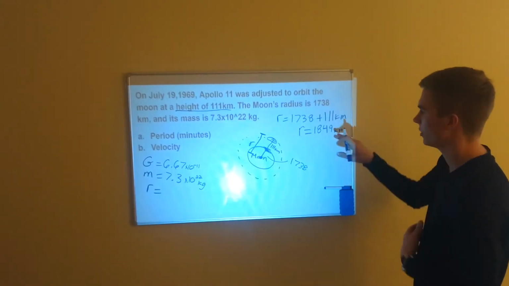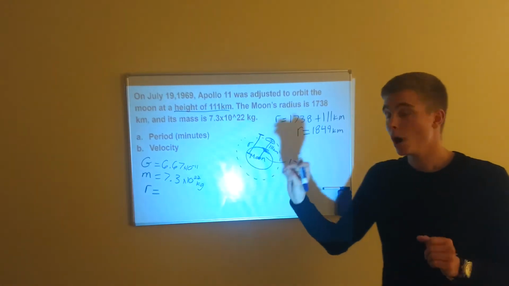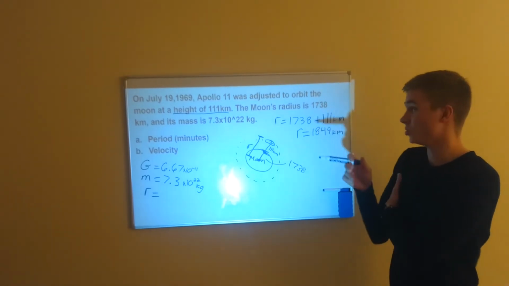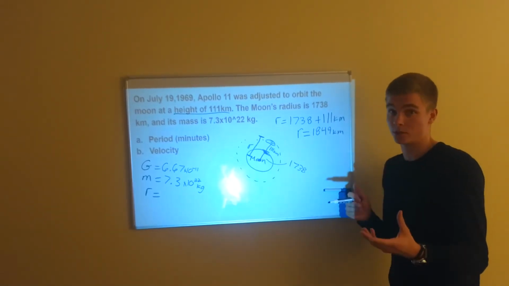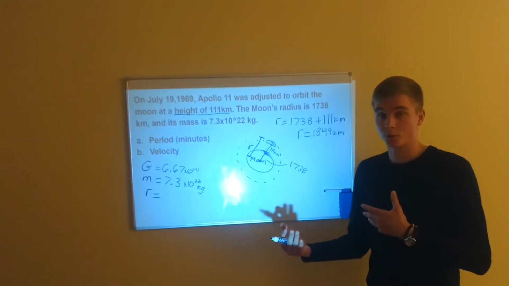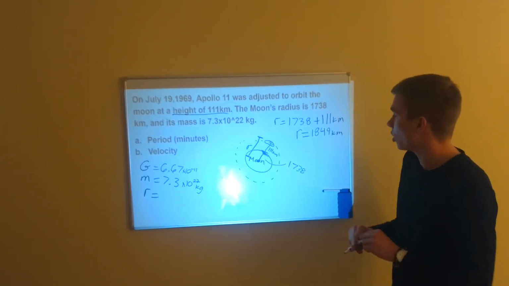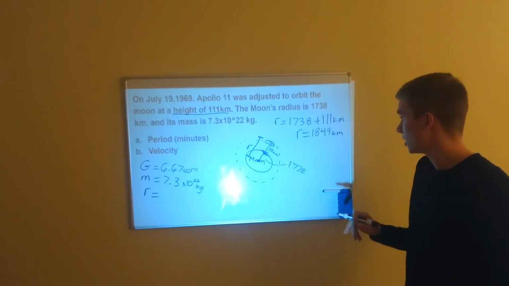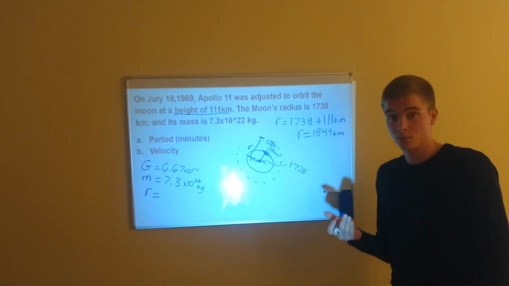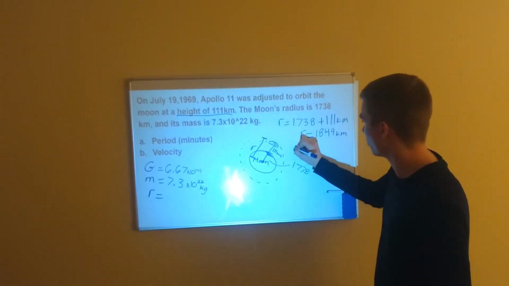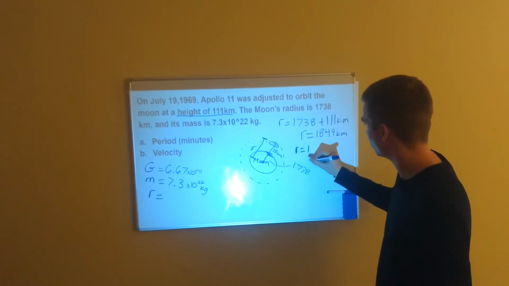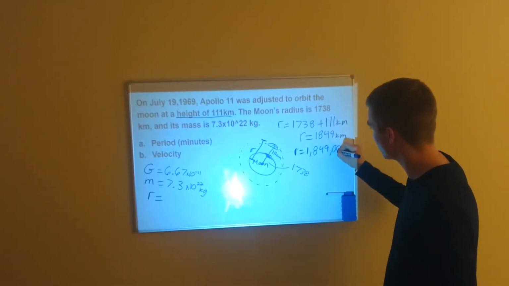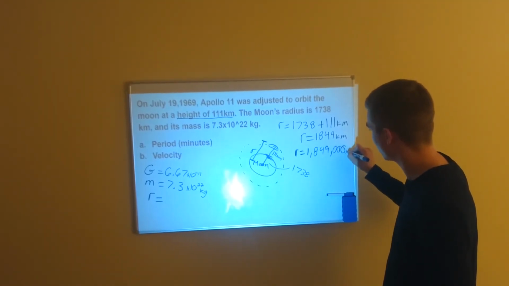Now, I can go ahead and put this down here, but remember from some of our other examples that we've done, our R value actually has to be in meters in order for our equation to work. Okay? So R is going to be equal to this number, 1,849 kilometers, but we know there's 1,000 meters in a kilometer. So R is actually equal to 1,849,000 meters.